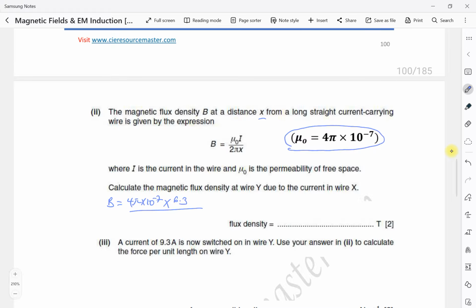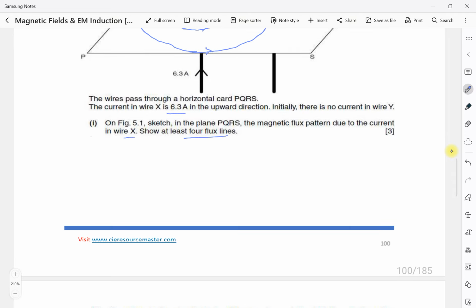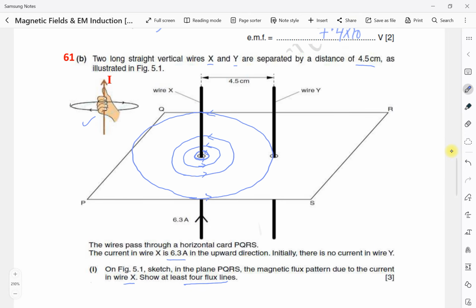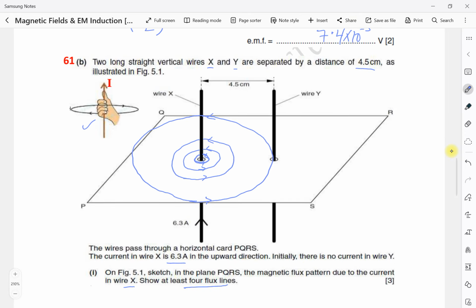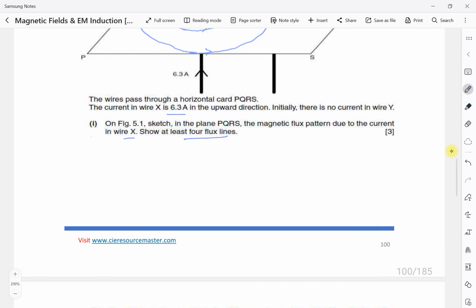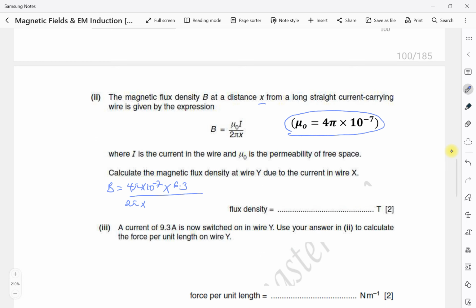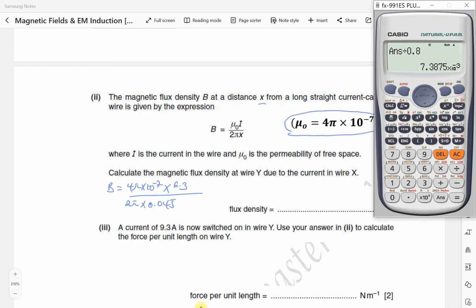Note that the magnetic field which reaches wire Y depends on the current in wire X, and the magnetic field which reaches wire X caused by current in wire Y depends on the current in wire Y. So this is divided by 2 pi times x, where x is the distance between the two wires, which is 4.5, which is 0.045.